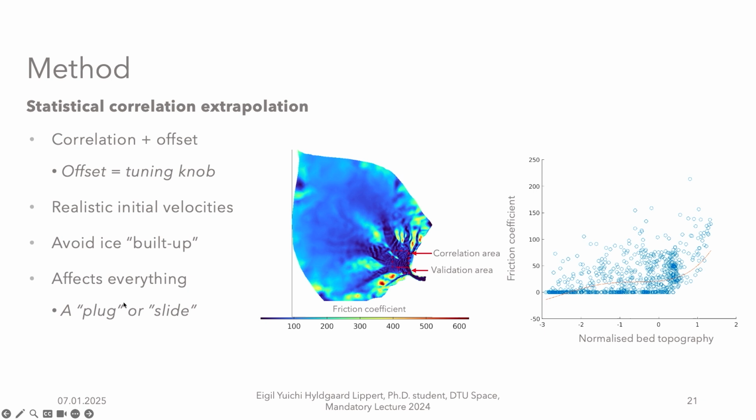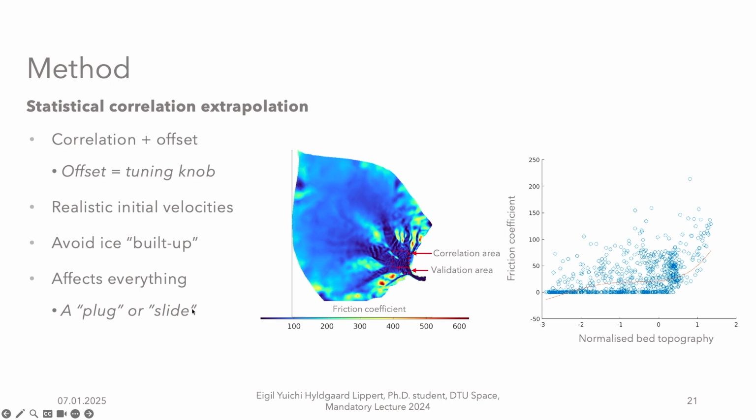So what I ended up doing was a correlation-based extrapolation, where I correlated the bedrock topography to the friction coefficient in the known area, and then used that to extrapolate. By tuning it a little bit, I got it to sort of work, having both realistic initial velocities, but also not having a major ice mass build up over time. It was a trade-off between having a plug in the end or a very big slide. Neither is very nice because they're not producing realistic present-day results.